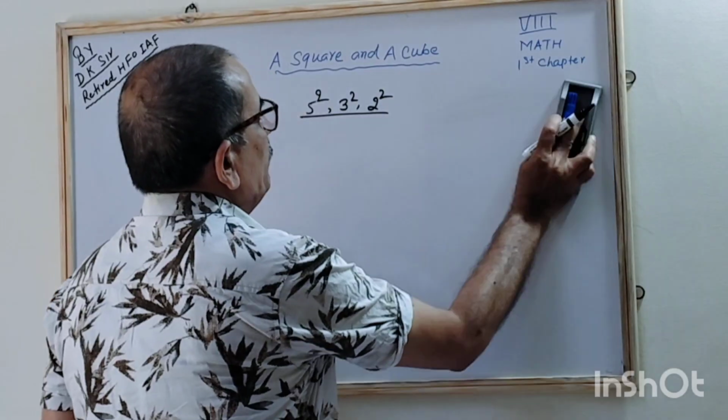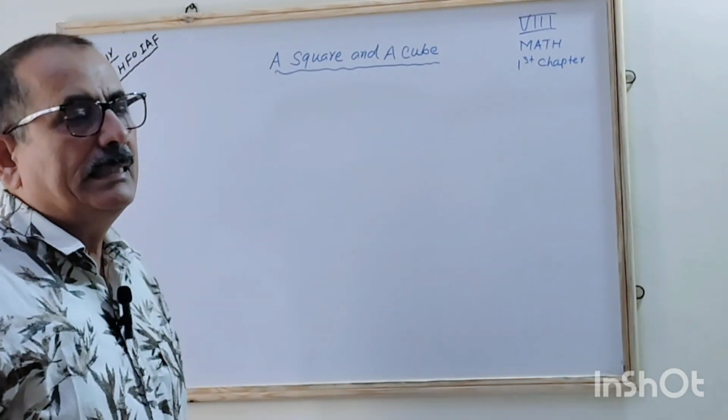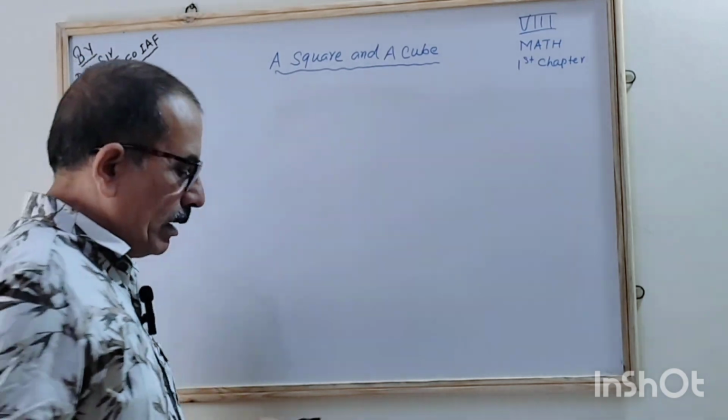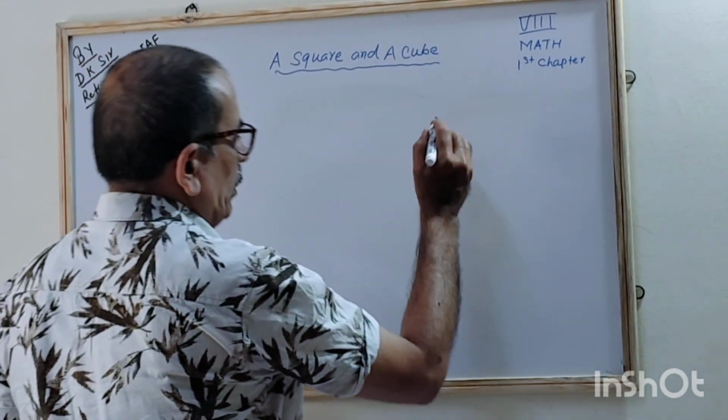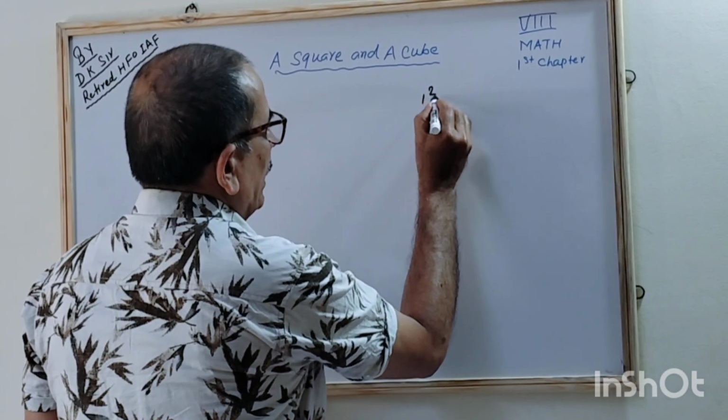Before going into the detail, we will see some of the patterns of the perfect square. Before going to the pattern, we will see 1 square. 1 square is equal to 1.